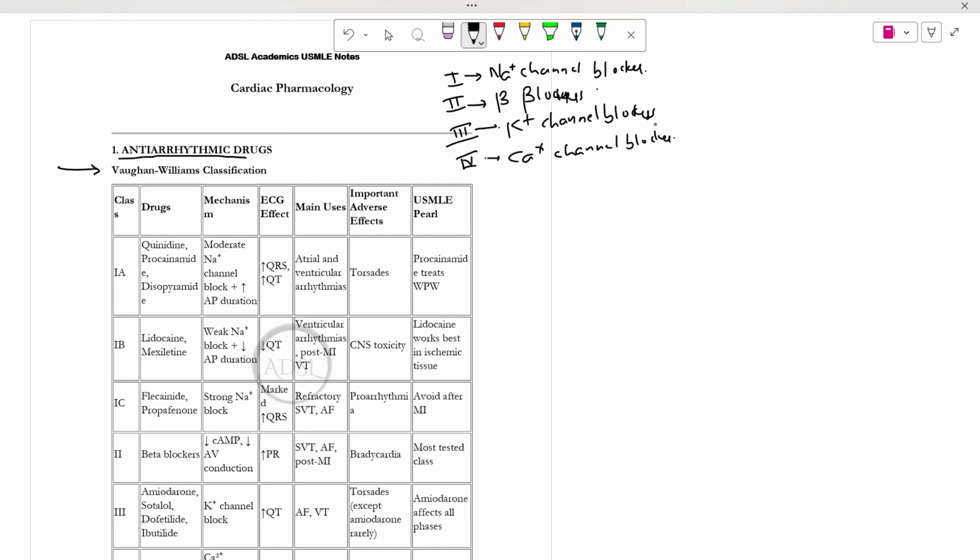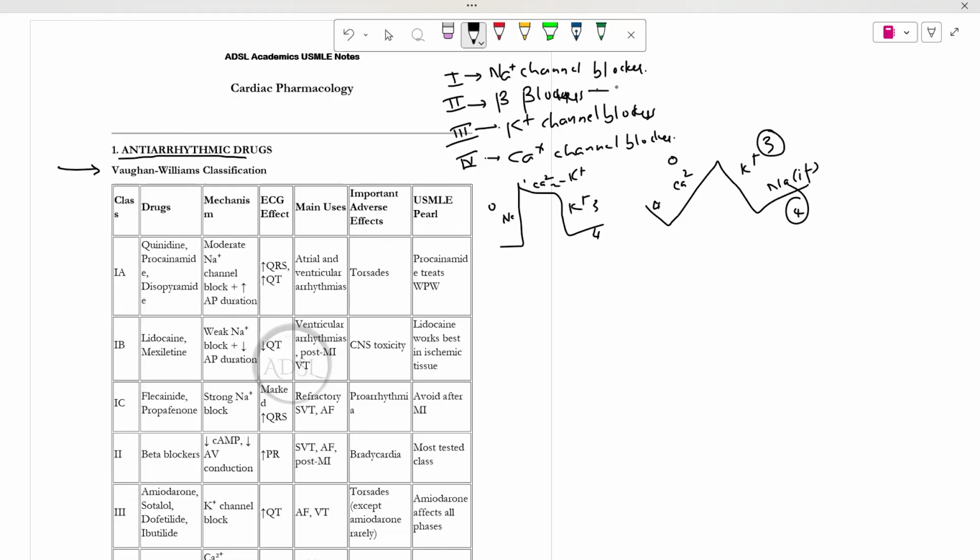Because these are basically the three things. As you know, in the contractile tissue, it's sodium, calcium, potassium that works, whereas here there is calcium, potassium, sodium. This is phase 0, 1, 2, 3, and this is 4. So 0, 3, 4.